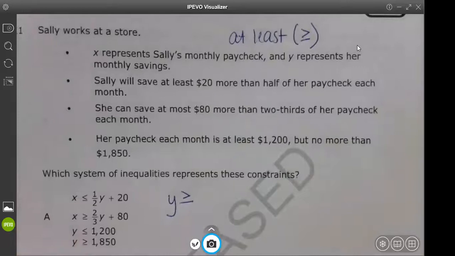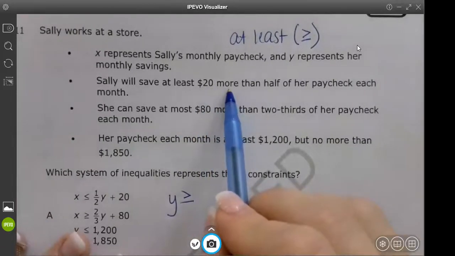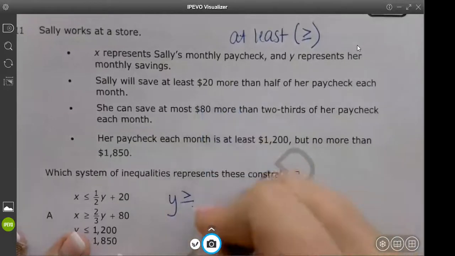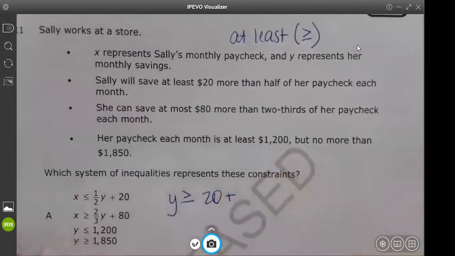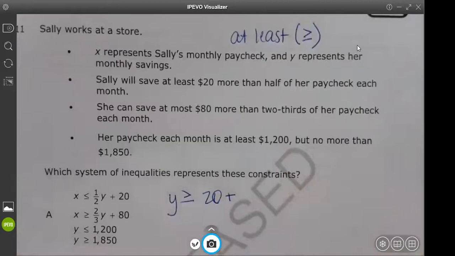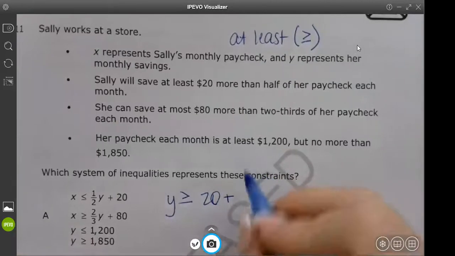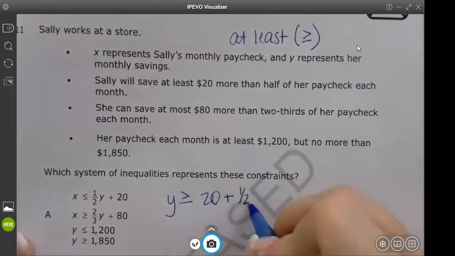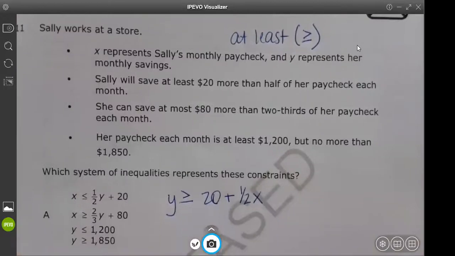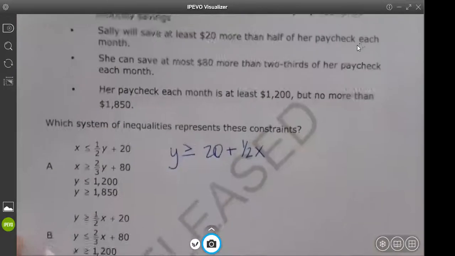Okay. At least 20 more. So what do I do there? 20 more than. That means I'm adding half. And what represents her paycheck? X. So I'm going to look for that equation.